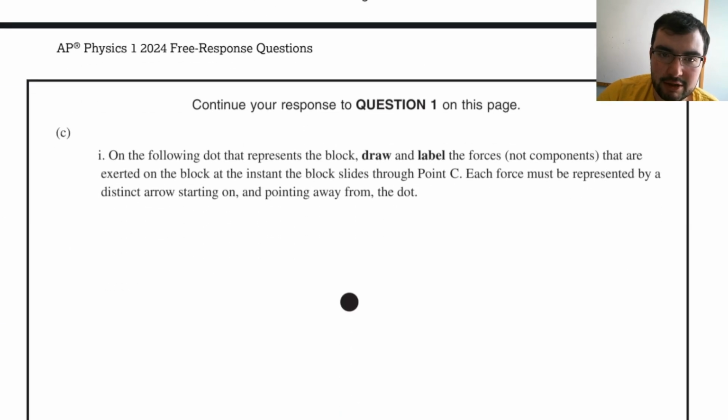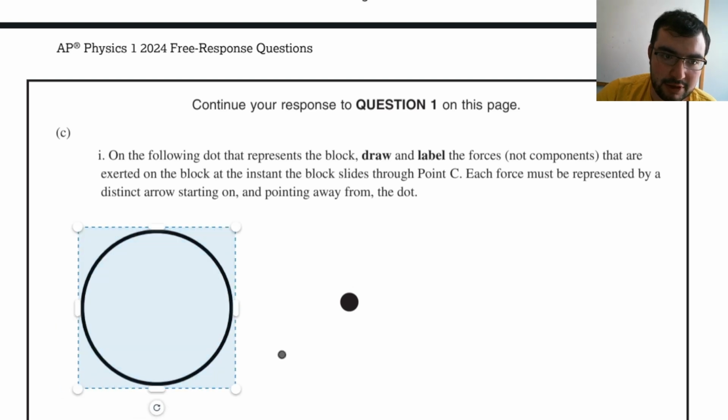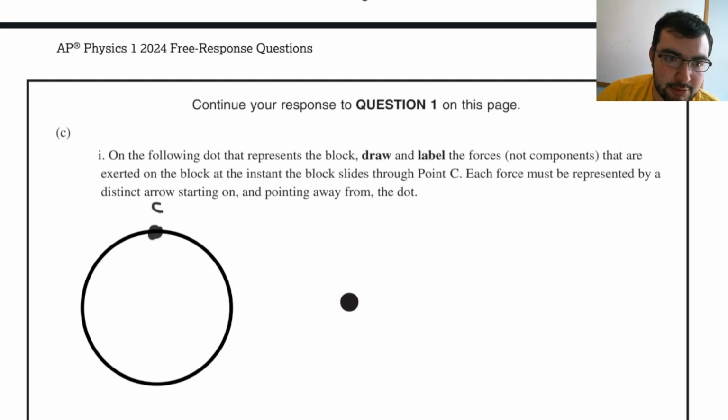On the following dot that represents the block, draw and label the forces, not components, that are exerted on the block as it slides through point C. So I'll draw myself a little replica here. So point C, if we go back to our diagram, is the top of the second loop-de-loop.